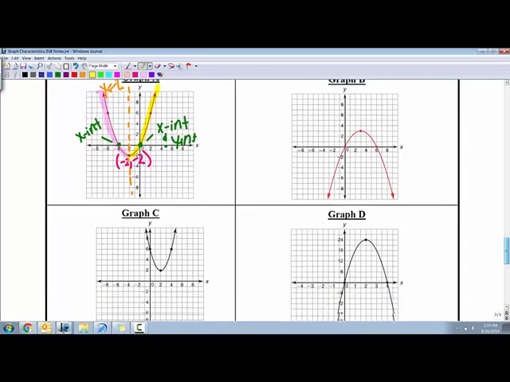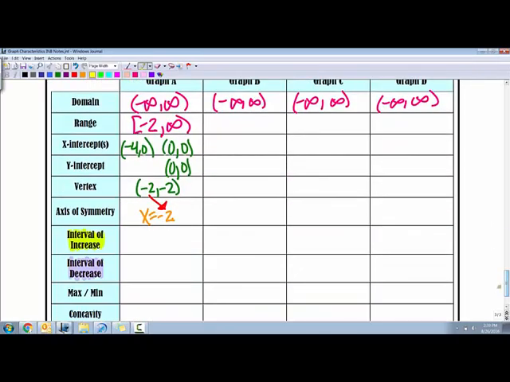Okay, got that graph? So it was decreasing from -infinity all the way to my vertex at -2. Then it switched and started increasing. So it went from -2 to where?